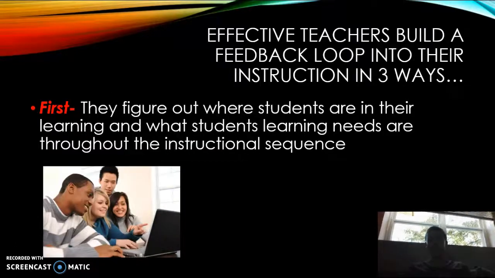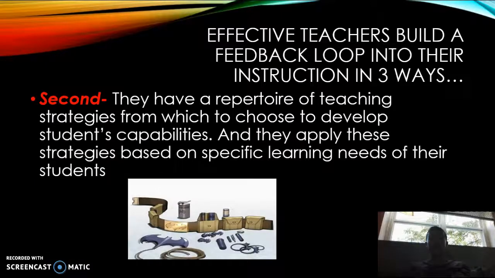So effective teachers build feedback loops into their instruction by doing three things. First, they figure out what the students' learning needs are. So they look at what the students are doing, and then they go back and use that information to move on. The second thing is they have a repertoire of teaching strategies.